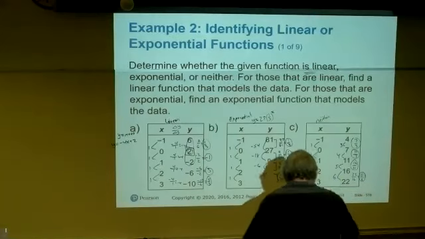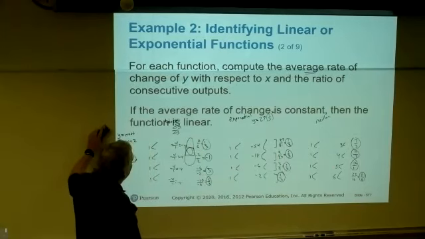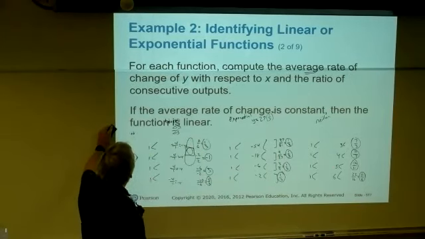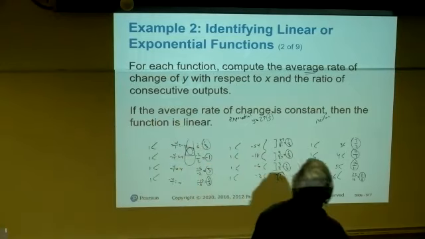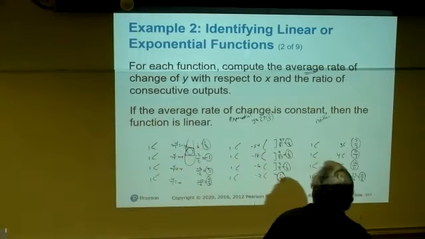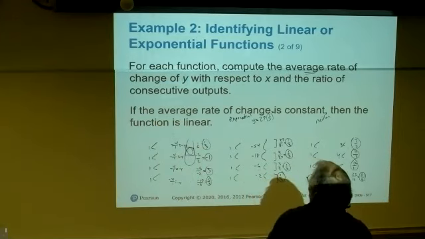And they go through and do the same thing. So for each function, compute the average rate of change, which is the change in y over the change in x. And if the change is constant, then the function is linear, and you don't need to do anything else.